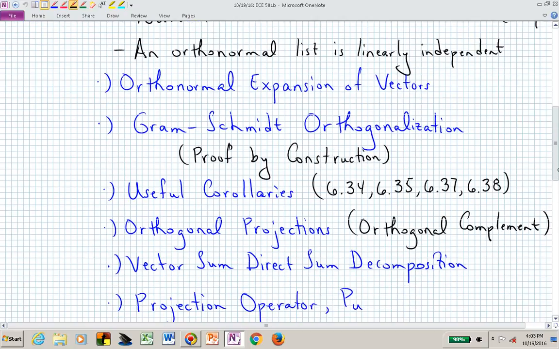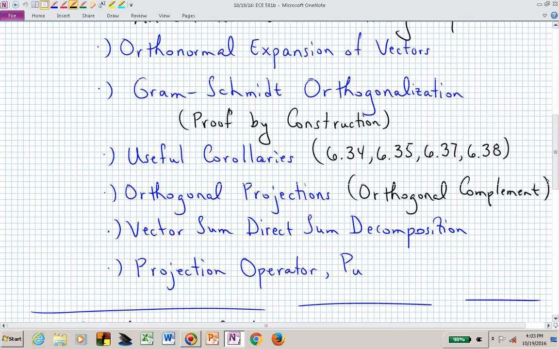We'll then present a few corollaries, 4 of those. Then at some point we will start talking about orthogonal projections, and that's going to be the orthogonal complement. If we have a subspace or a subset, what's the complement to that subspace or subset in the overall vector space? That's this orthogonal complement, and we can then start creating a direct sum decomposition by summing up these different vectors.